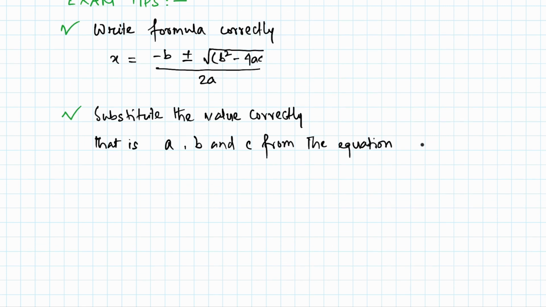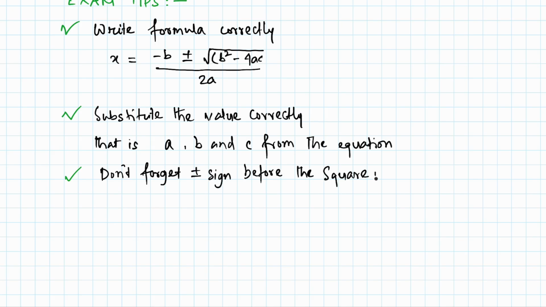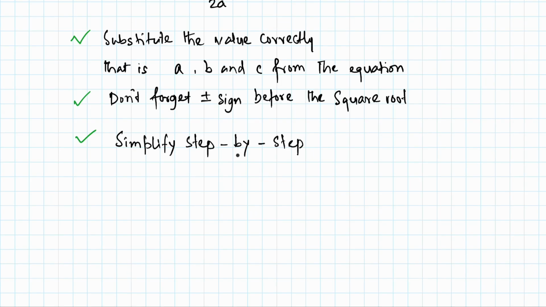Then you can substitute the values correctly, that is a, b and c, from the standard equation, and then you can find the roots. And don't forget this plus or minus sign before the square root. This is very important. If you don't put it, then you will only get a single value, and then you simplify step by step. So all these 4 points you should keep in mind when solving this kind of problem.